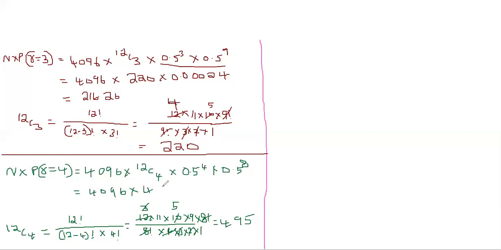So 495 into 0.00024 is equal to 486.60. So this is P of R is equal to 4.